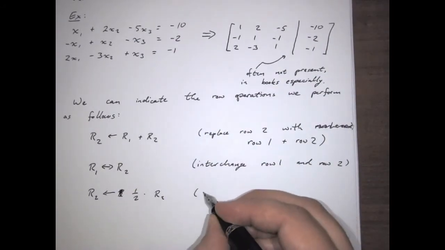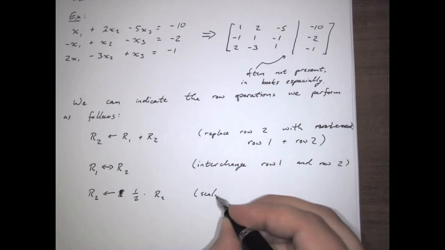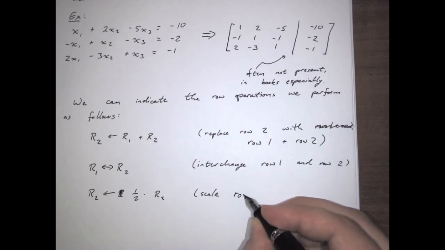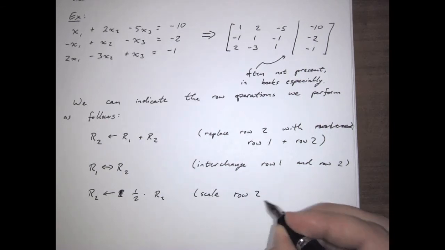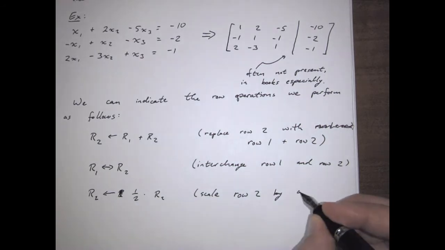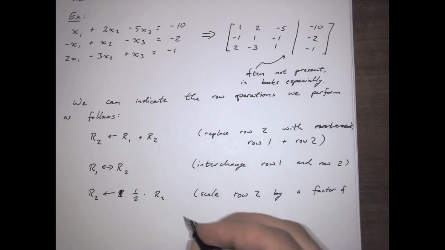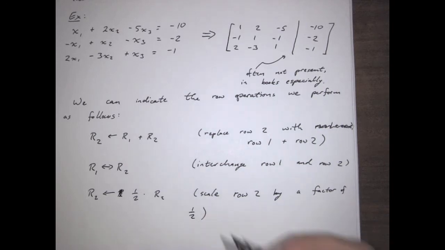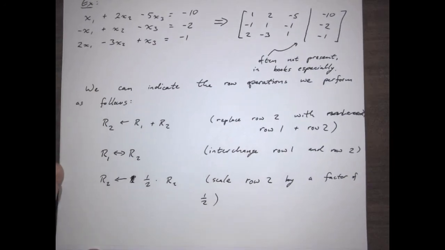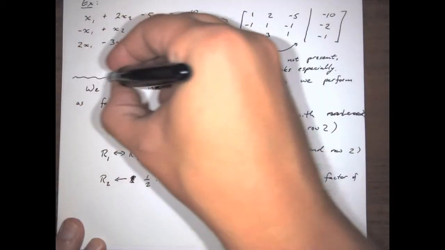So this is scale row 2 by a factor of 1/2. Again, that's not something we would necessarily do in this case, but it's just an operation that would be customary to do.